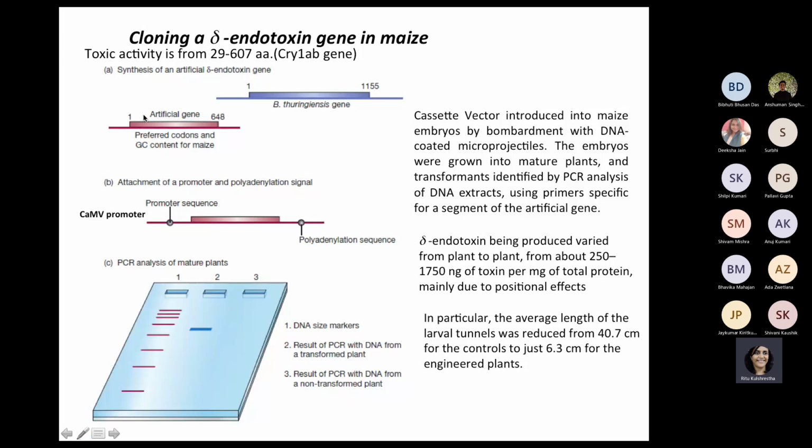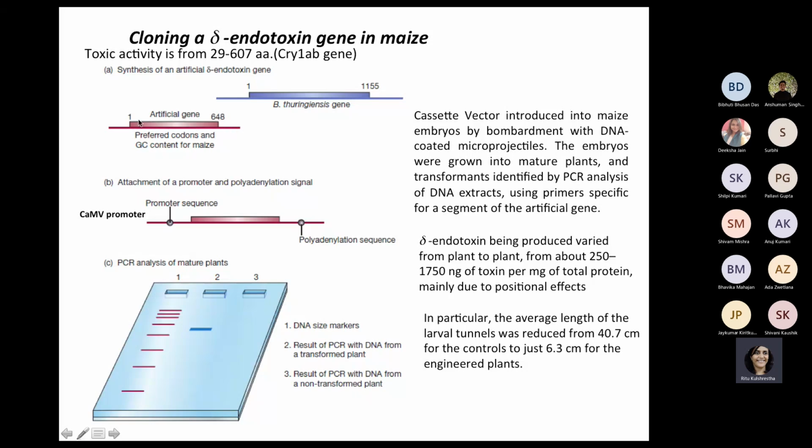So rather than cloning and doing single mutations at particular codon positions, they actually artificially synthesized the initial N-terminal portion of this protein, where the preferred codons were incorporated. I'm talking about maize, when they made Bt maize, and we had an artificial gene of around 600 amino acids.